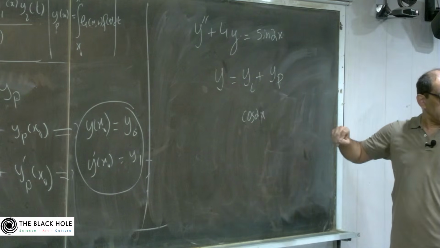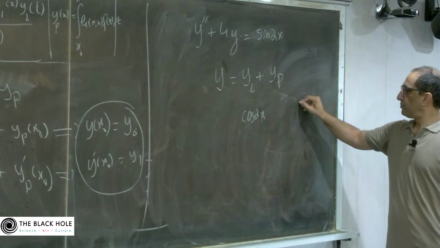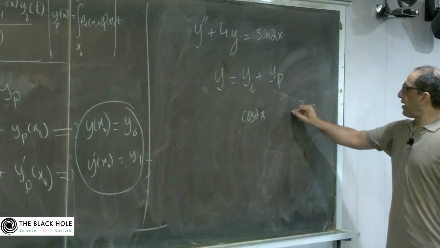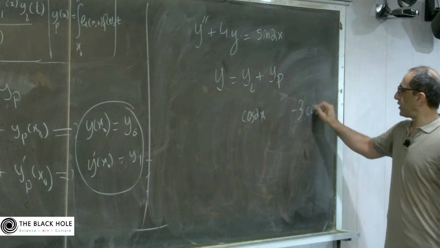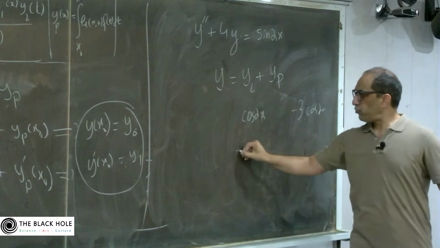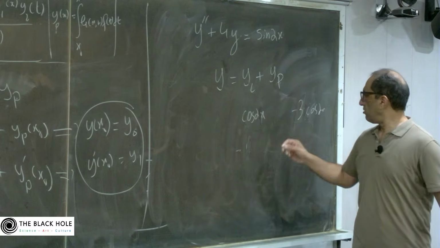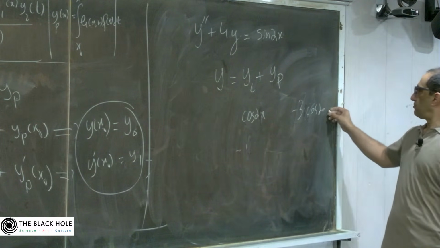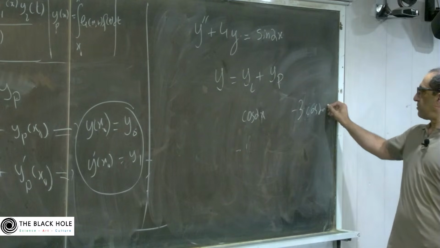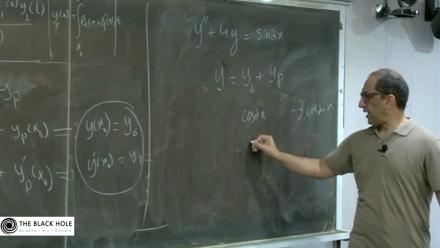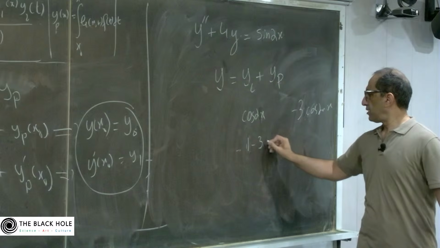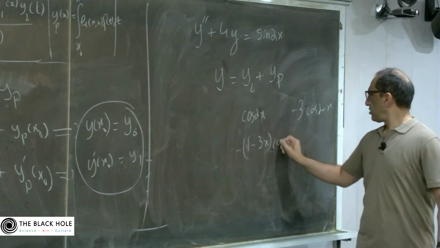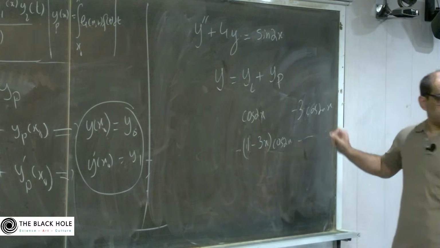And in yp, you also get some 3 or minus 3 cosine of 2x. So if you write like this, or maybe I can write some x here as well. So I will have 1 minus 3x cosine of 2x and so on and so forth.